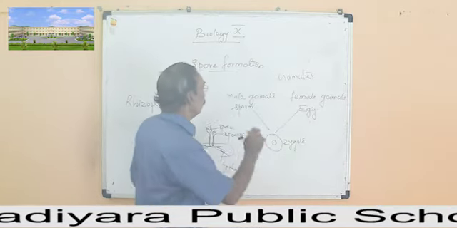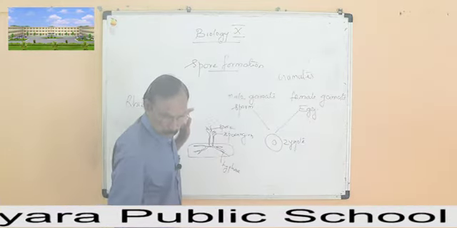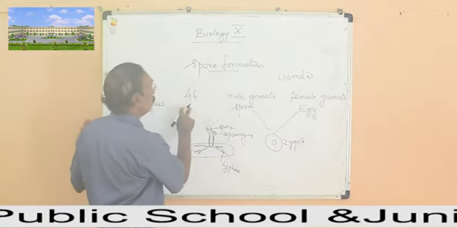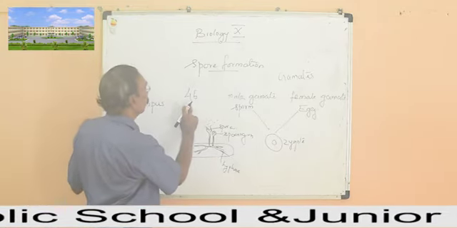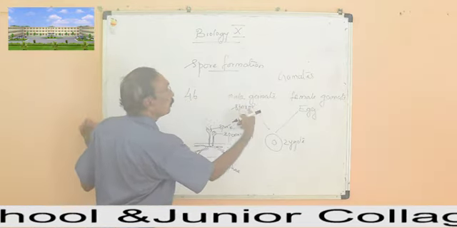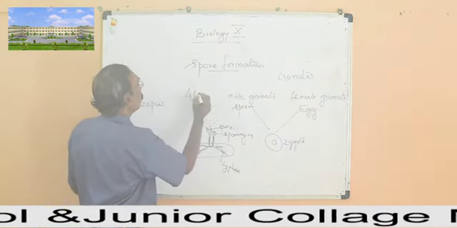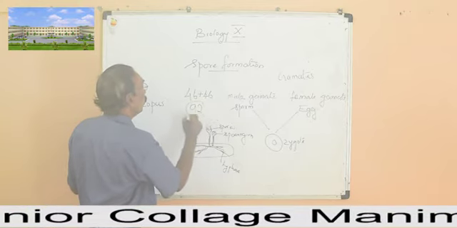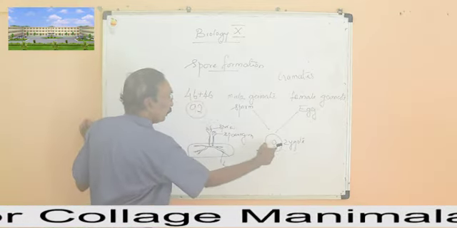For example, in human beings there are 46 chromosomes, the DNA is kept in 46 chromosomes. If the sperm and the egg each contain 46 chromosomes, you can see 92 chromosomes will be there in the young one.